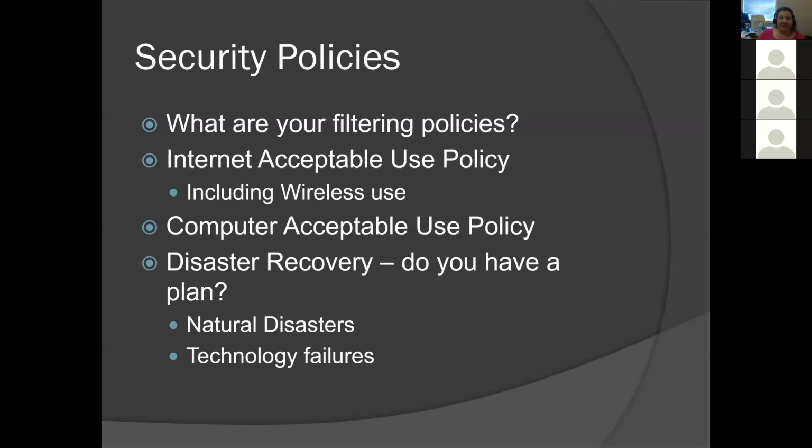But a technology failure, if you are in the middle of your workday and your ILS stops working, all of a sudden you can't access your information about your patrons and your materials, and you can't check anything out, that's a disaster. It's a technology failure, and there should be some kind of process that you go through to mitigate that, to fix it. Those are the kinds of things that you would put in a disaster recovery plan. Figure out what is the most likely thing to happen, which honestly is the technology failures. Natural disasters happen, but not nearly as often as technology failures.